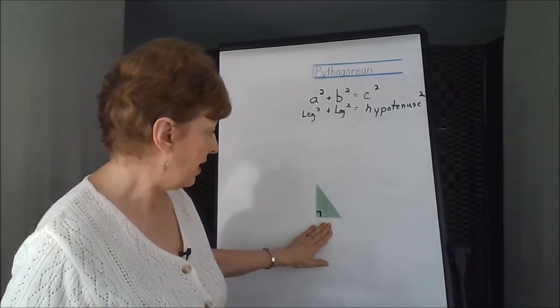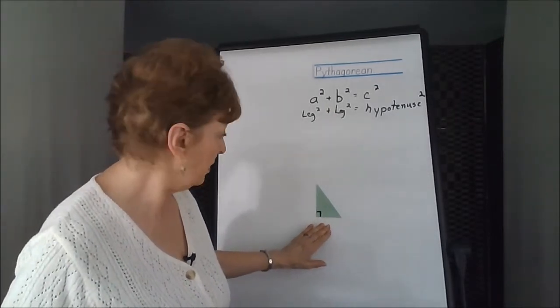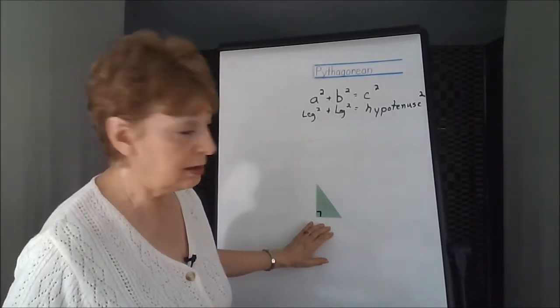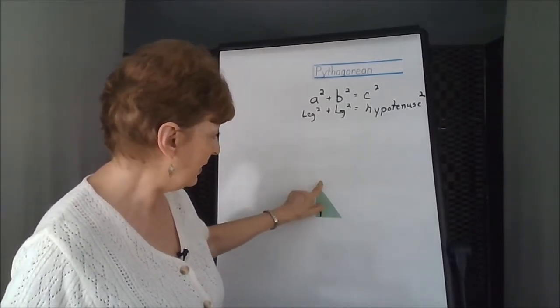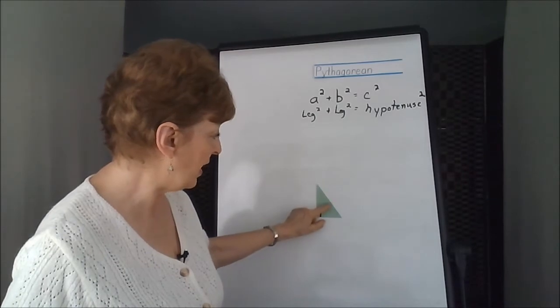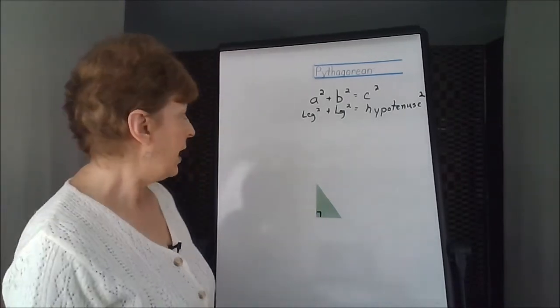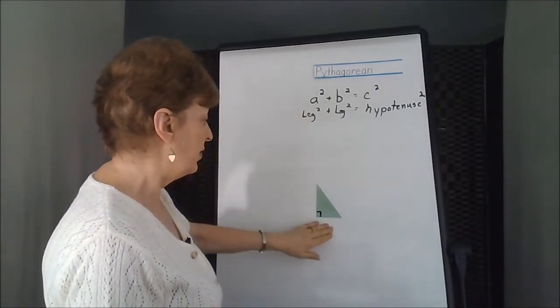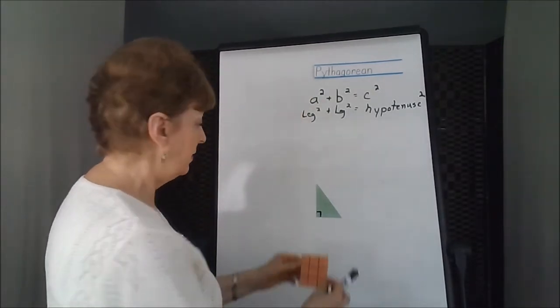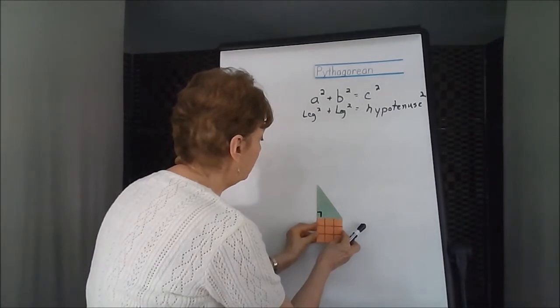So here is our right triangle. This is a scalene triangle. All the sides are different. We have a leg, and the hypotenuse, which is across from the right angle. So Pythagorean said, if we squared the leg, here I'm going to put a square out here.